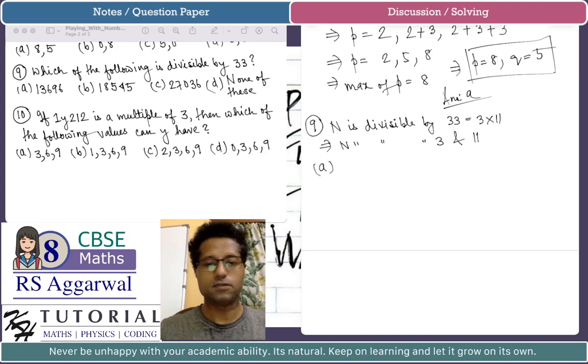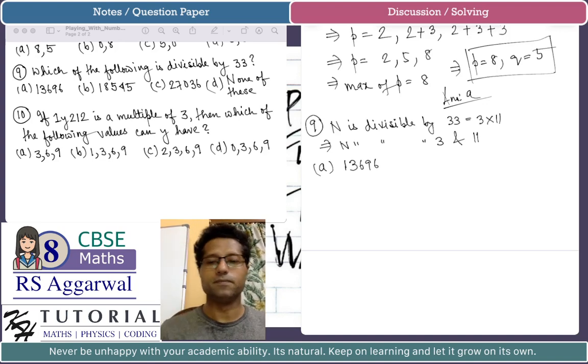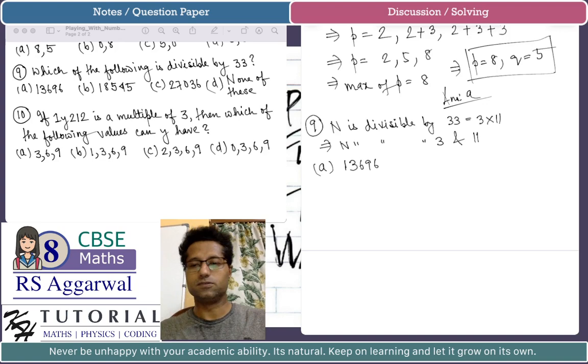If I check choice A, 13696, is it divisible by 3? We know that a number is divisible by 3 when the sum of its digits is also divisible by 3.